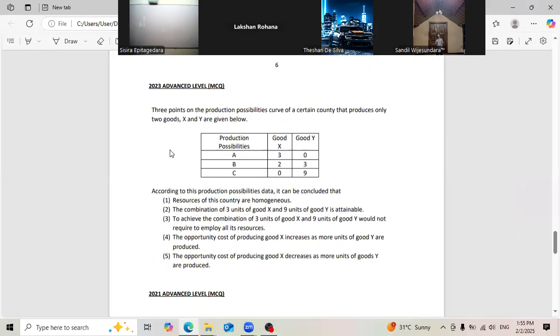Three points on the production possibilities curve of a certain country that produces only two goods, X and Y, are given below. What are the two products? X and Y. There are three product combinations, A, B, C. According to this production possibilities data, it can be concluded that, it's asking what the correct statement is.